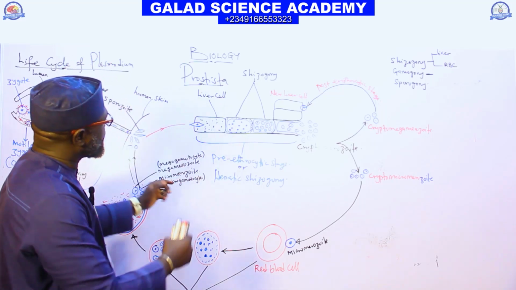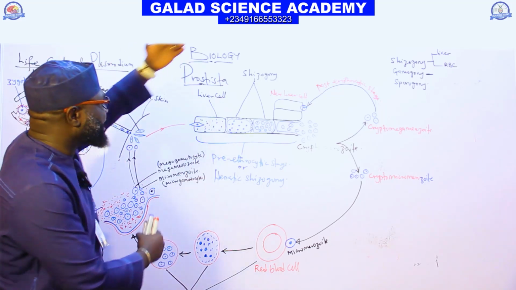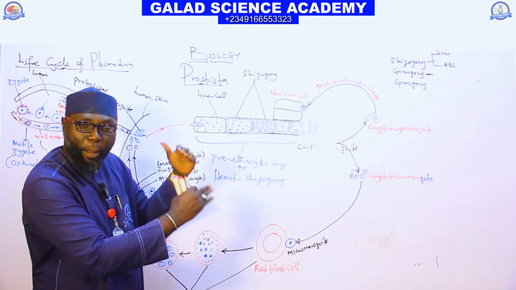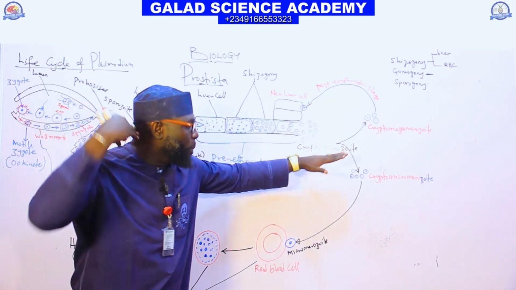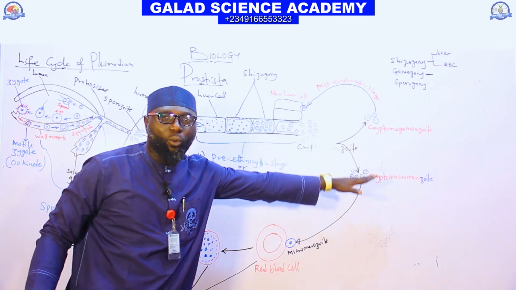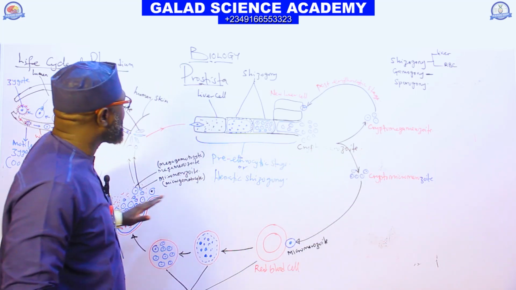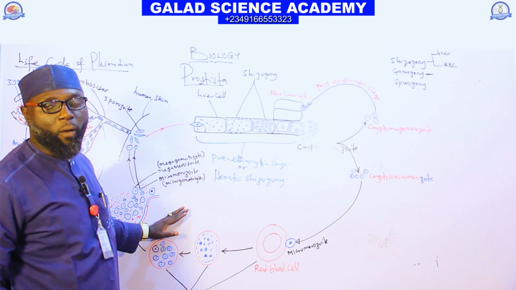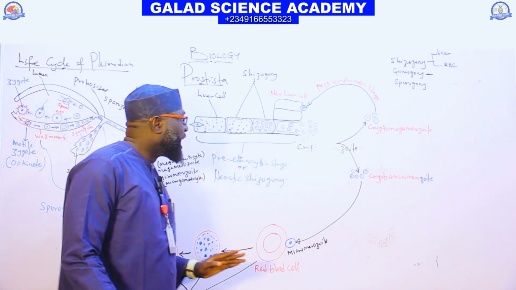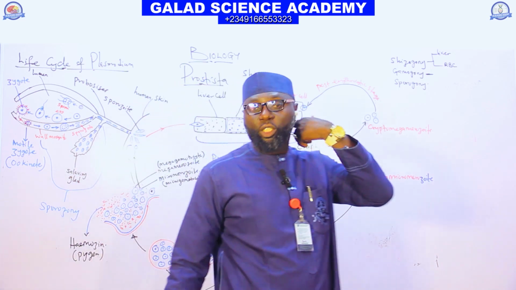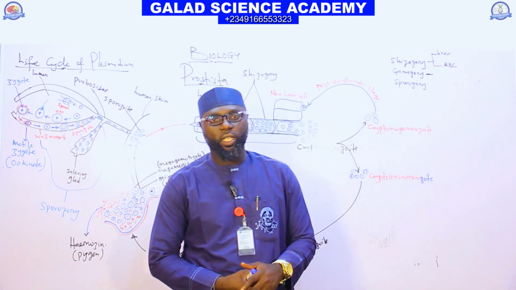Getting to the liver, it will penetrate the liver, and asexual reproduction called zoogony by multiple fission will take place in the liver to produce cryptomerozoites. That's how the life cycle of Plasmodium falciparum occurs. So that's all about Kingdom Protista.